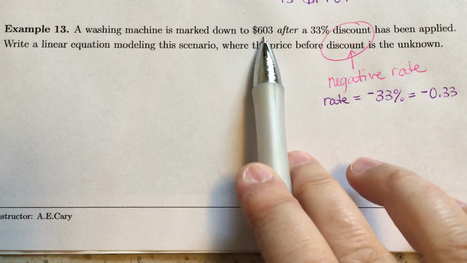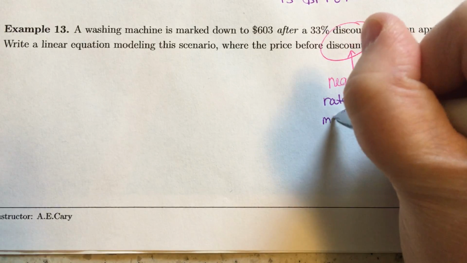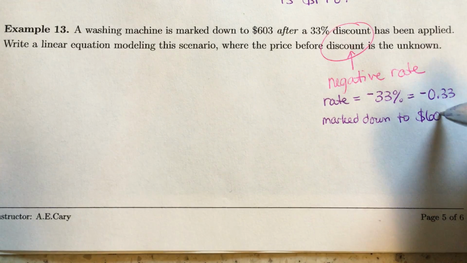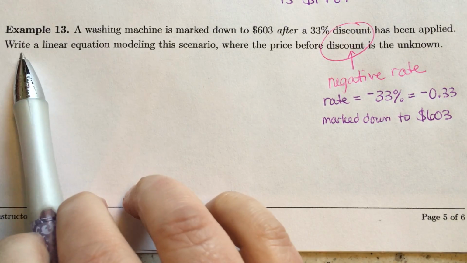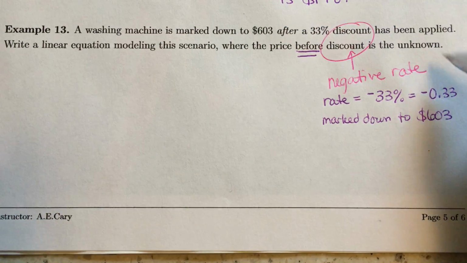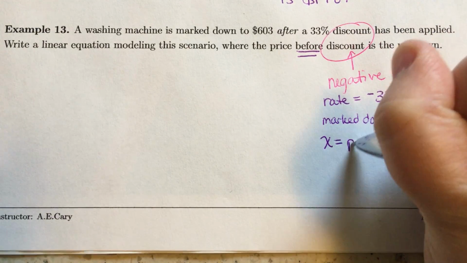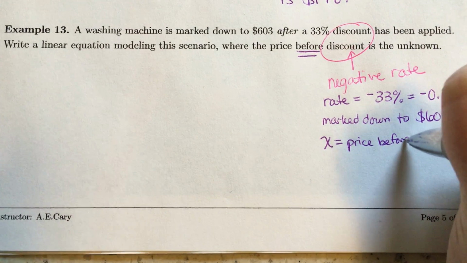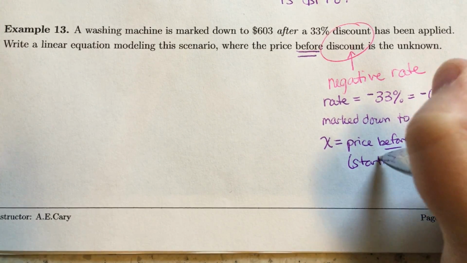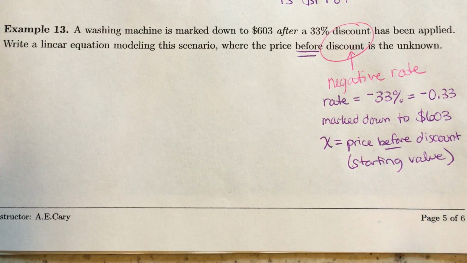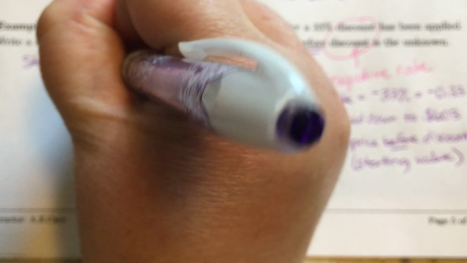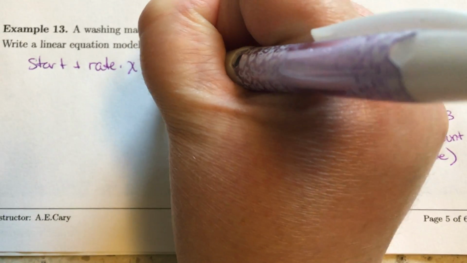The marked down price is $603, so let's put that. Marked down to $603. And then it says write a linear equation modeling the situation where the price before the discount is the unknown. So I'm going to let x equal the price before the discount. And in other words, that's our starting value. It always helps to keep in mind this model that we're using, which is that the starting value plus a rate times x equals the ending value.